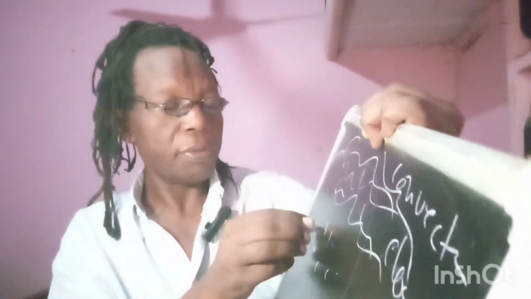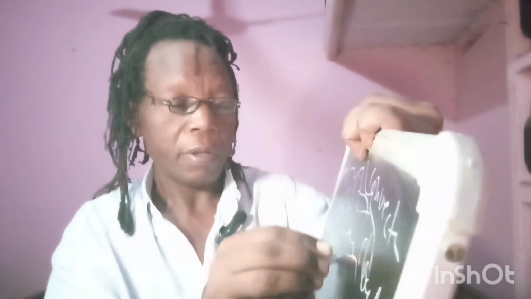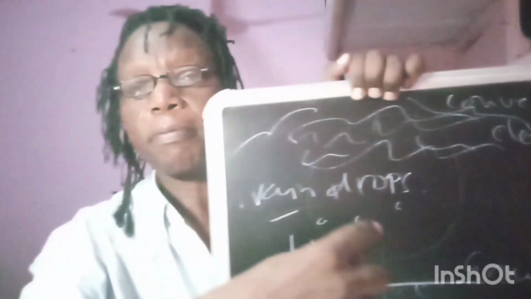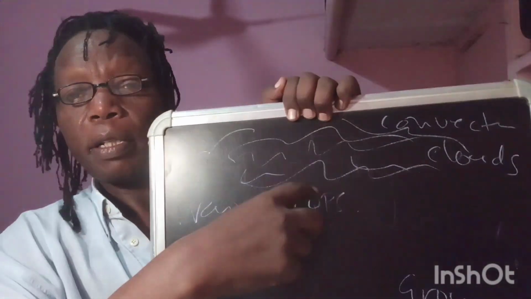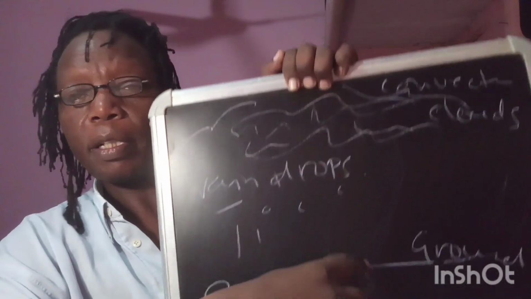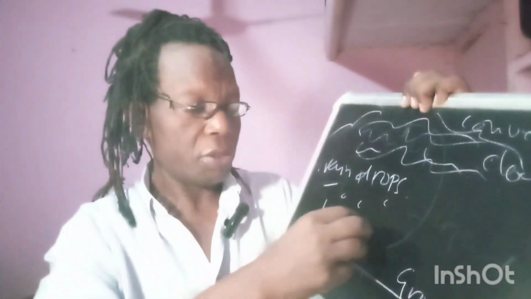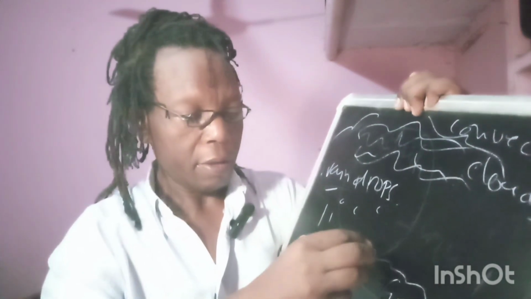This is raindrops coming down to us, right? So it's just a rough picture I'm drawing. You see this thing rises up there. Suppose here we had water like the ocean.